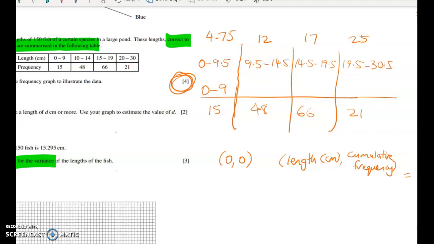Right, so here it's going to be 15. Here I'm going to add the 15 and 48, and I'll get 63. And then adding another 66 gives me 129. And lastly, we should end up with 150, right? Because we were told that's how many fish. So I need to have the axis up the side going up to 150. And here I need to be going up to at least 30.